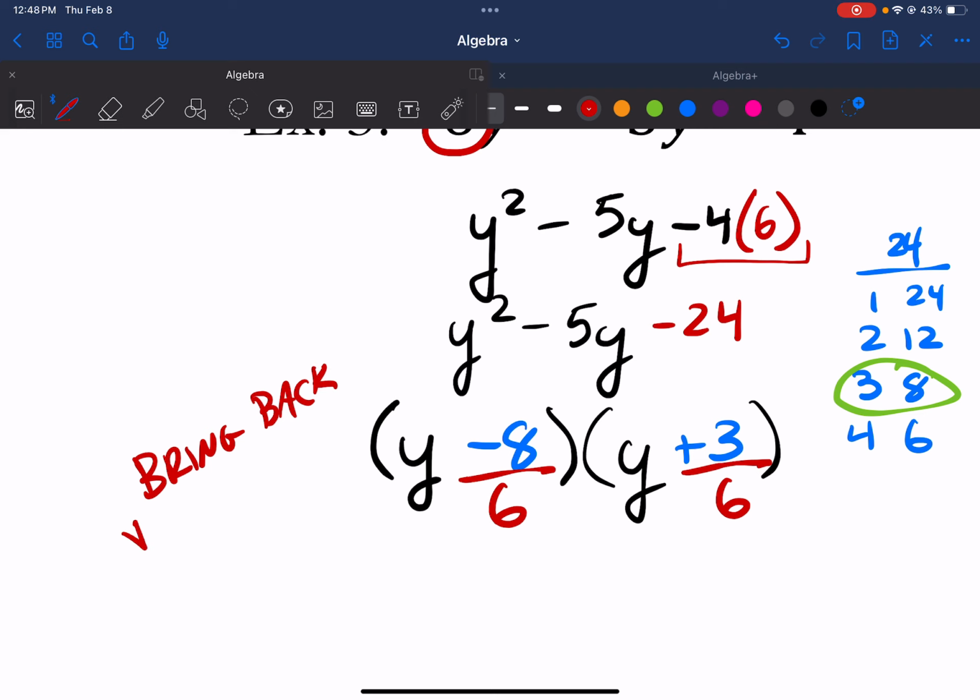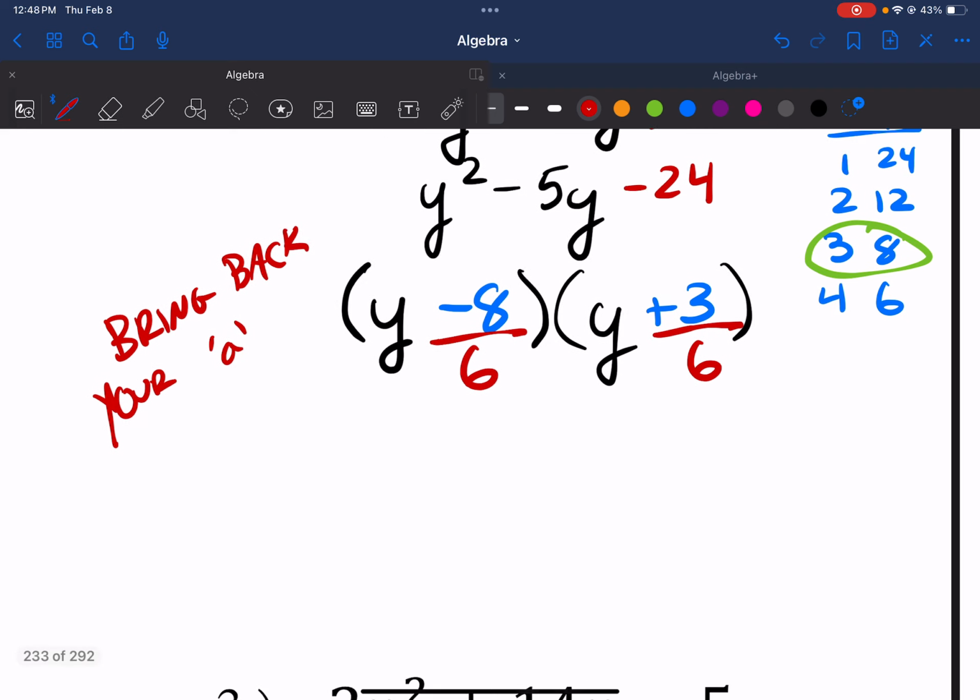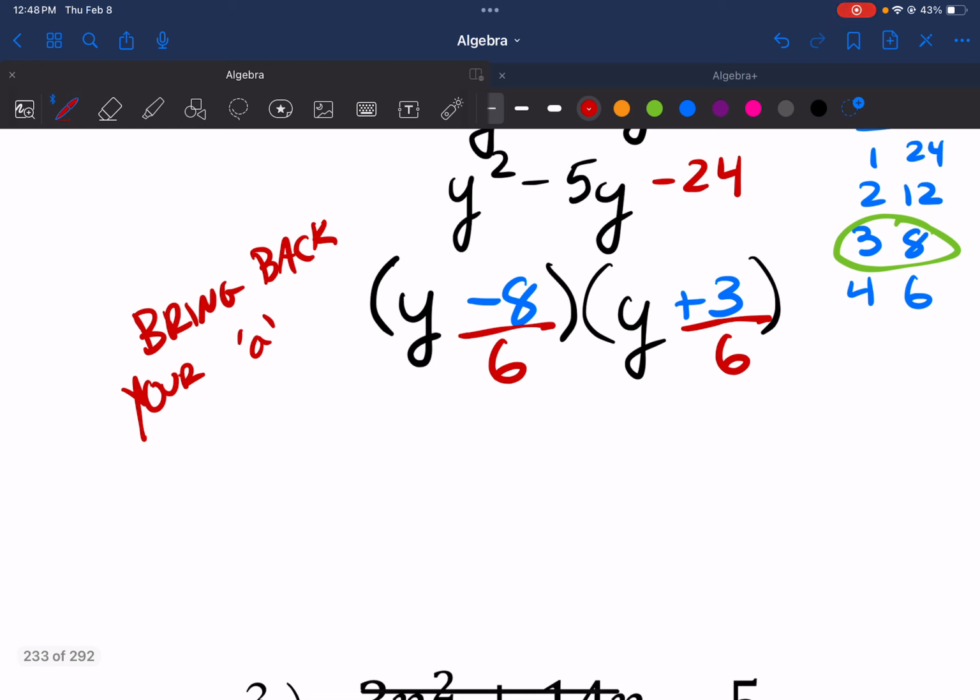We are going to simplify this. So this becomes y minus 4/3 and y plus 1/2.